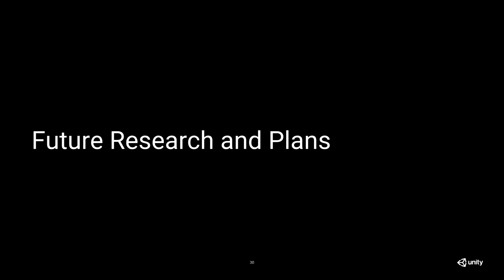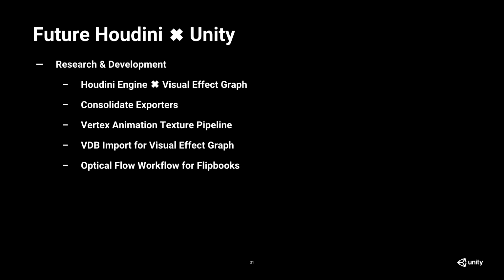So finally, some future research and plans, because we still have a lot of features to implement. Basically, we want to explore the Houdini Engine across Visual FX Graph to reduce the gap between the two, and to be able to create and bake meshes, for instance, in Houdini Engine, and exploit this directly in Unity to feed the Visual FX Graph.